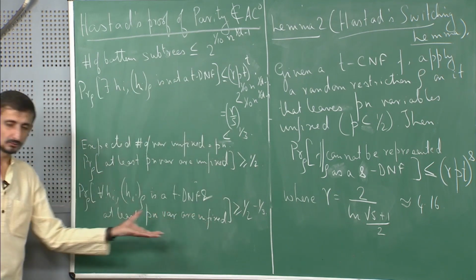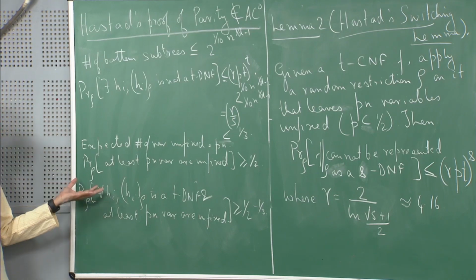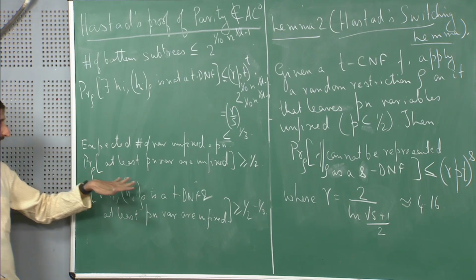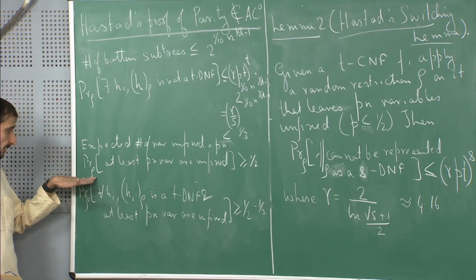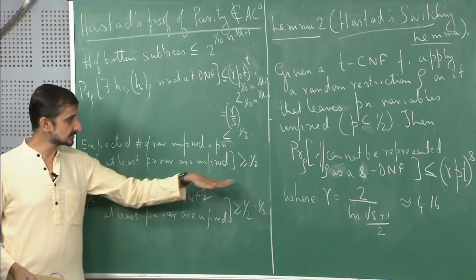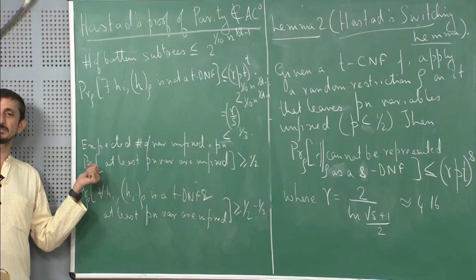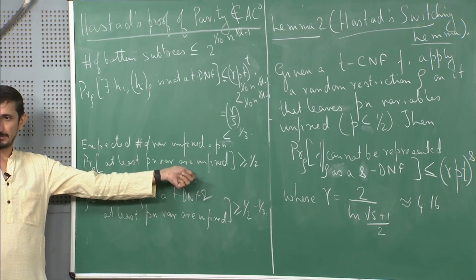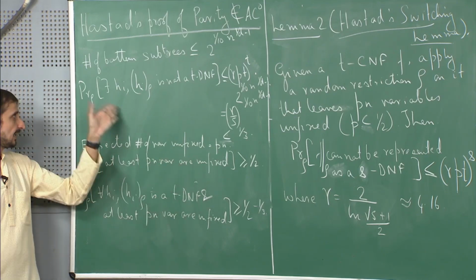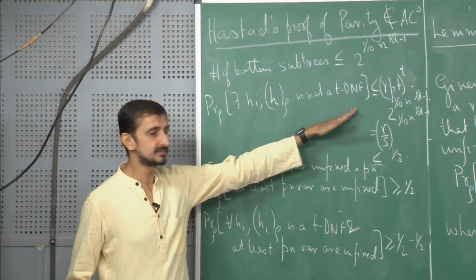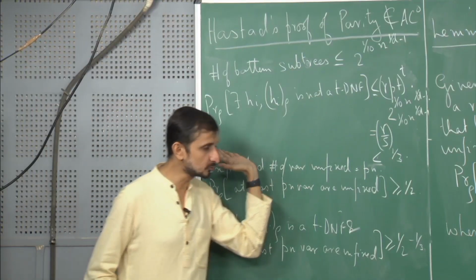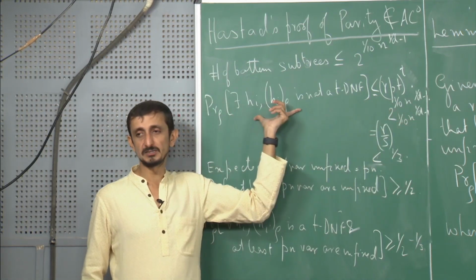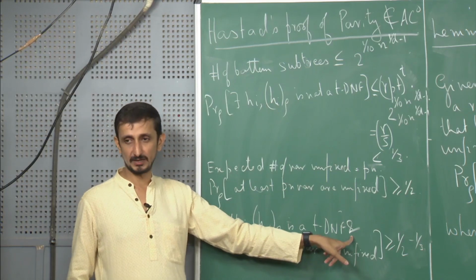So how do we get this? Think of it as follows. One way of looking at this statement is that at least half the fraction of the rows that I am choosing will give me this property. If I look at the negation of this, at least 2/3 fraction of the rows that I am choosing will give me the negation of this property, which is what I have written here.